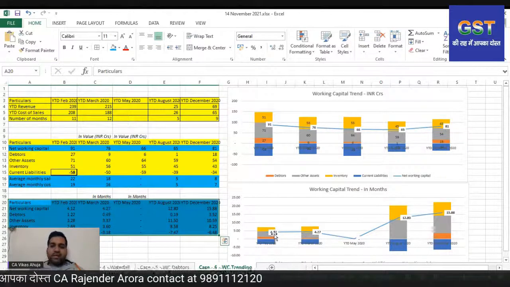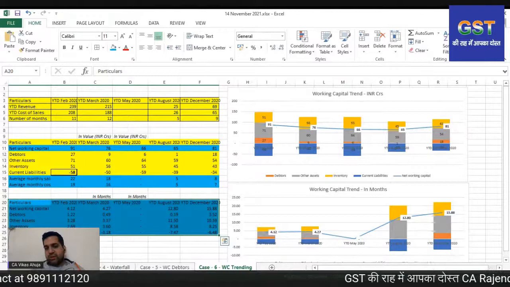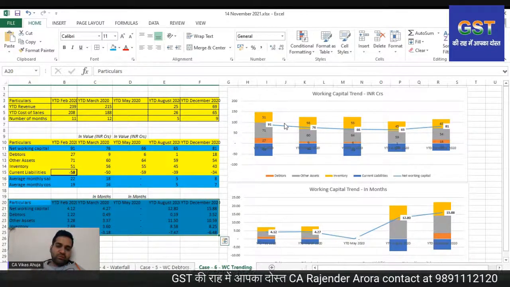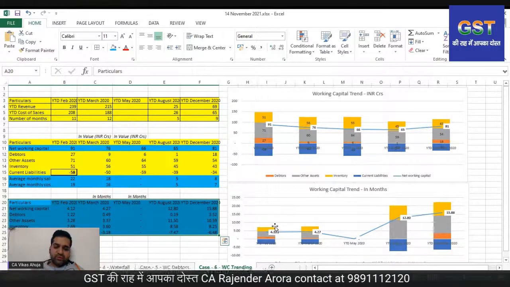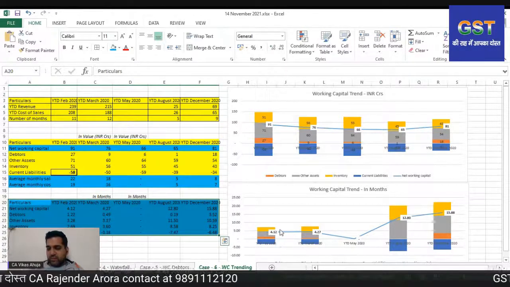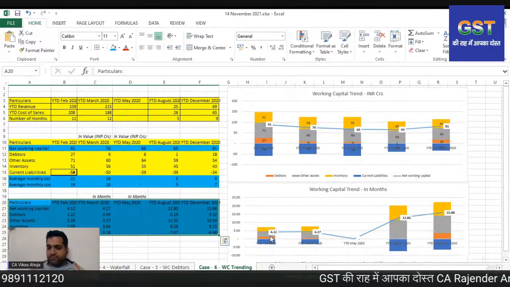So at this point, I can see my working capital is not fluctuating much, from 66 to 91 crores. Still I can say there is a change of 20-25%. But when I see here, it is showing me a drastic change, telling me that my working capital trend has moved from 4 months.